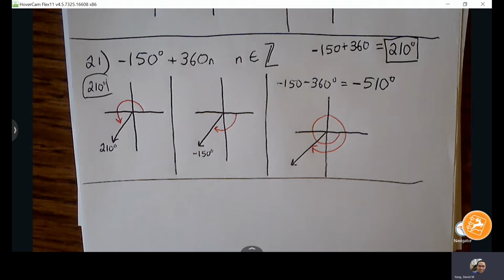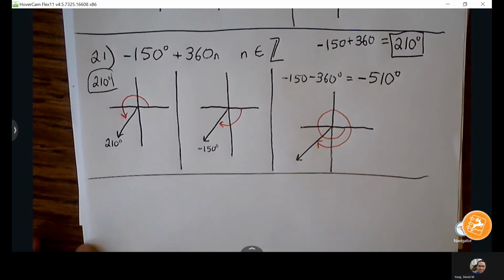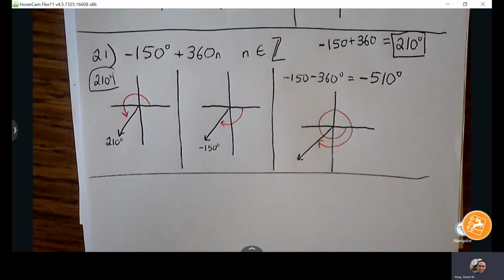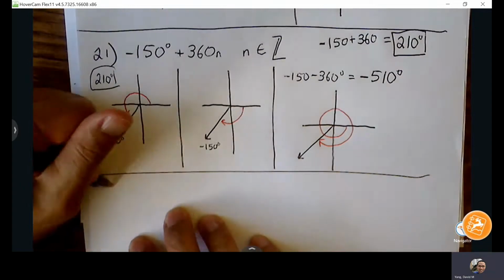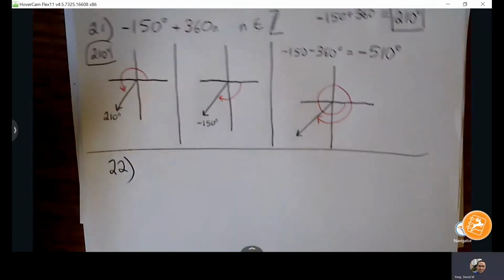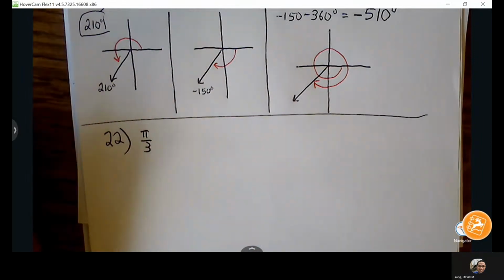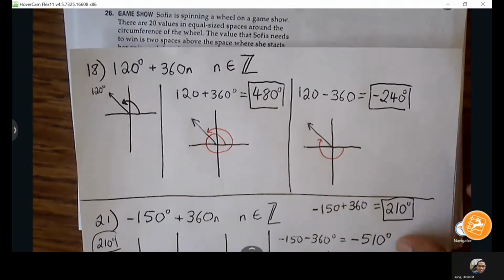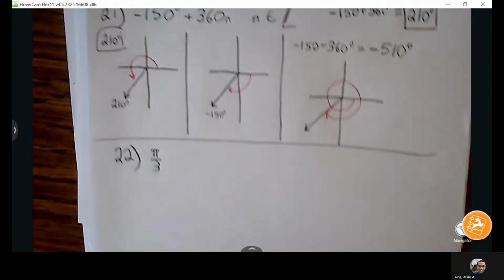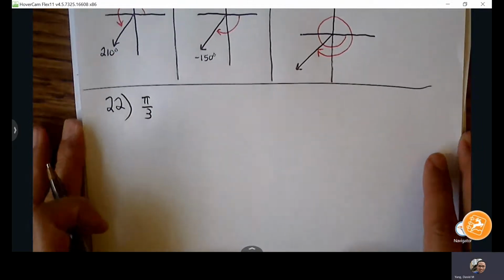All right, so we see it from a degree perspective. Let's look at this from a radian perspective. So let's look at number 22. Does anybody still need to look at 21? Okay, 22, pi over 3.